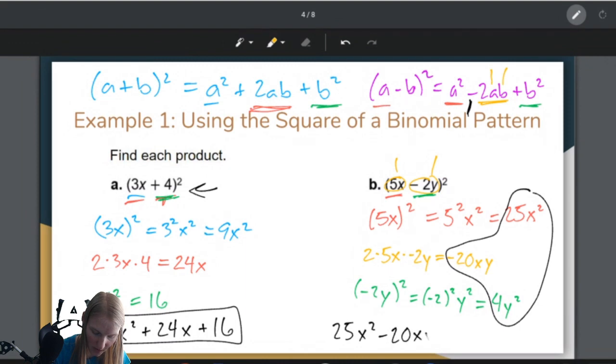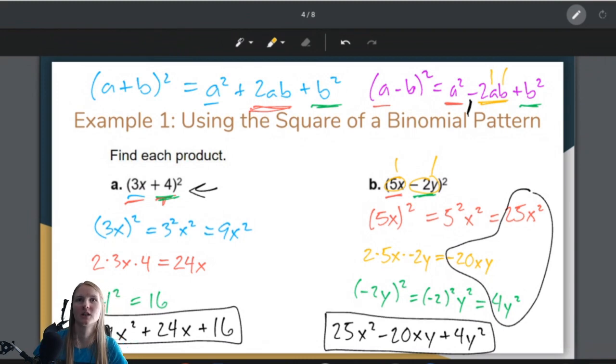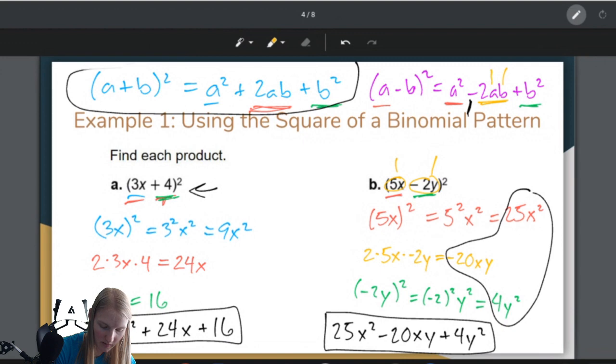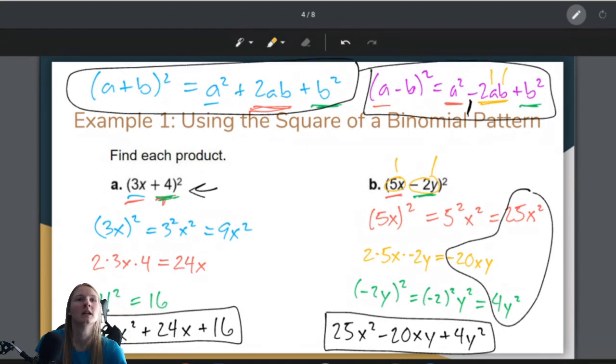Minus 20xy plus 4y squared. Ta-da! So as long as you follow these two patterns right here, not so bad. And the more you practice it, the easier it gets.